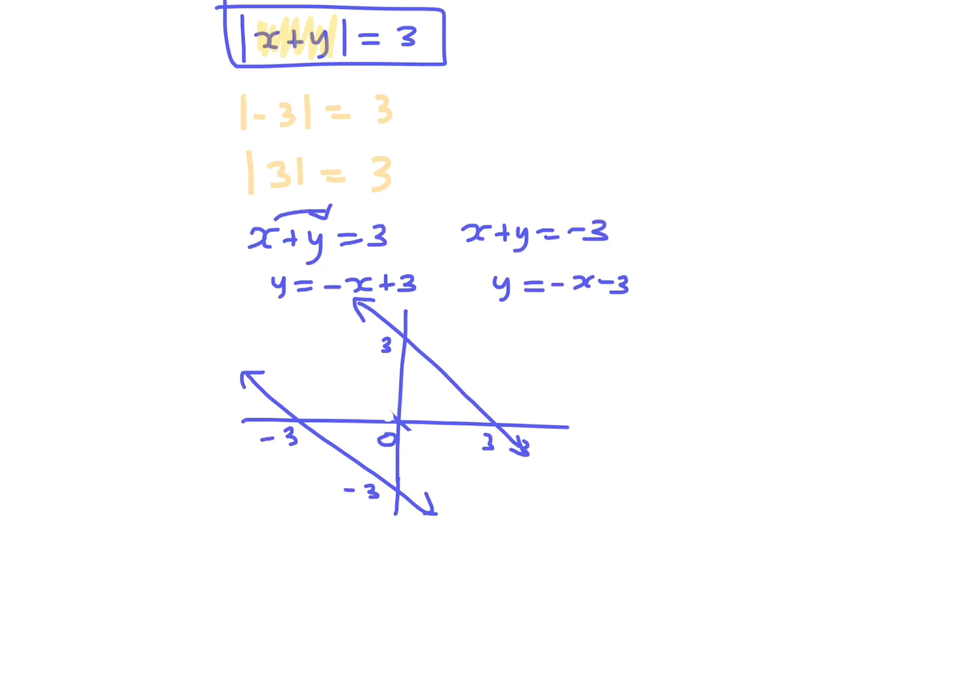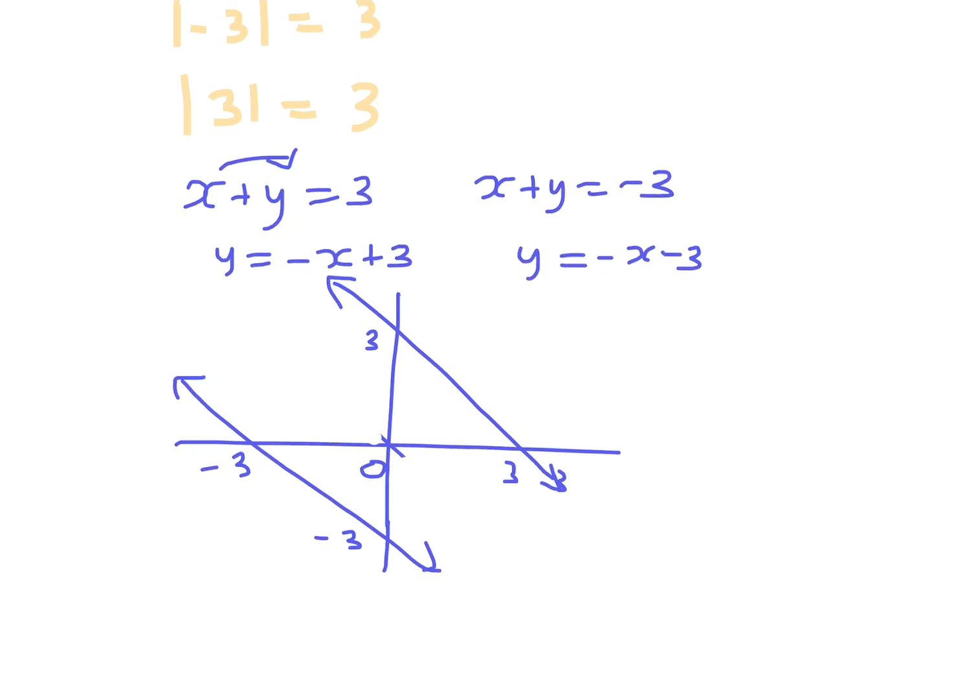Now, with this one here, if you have a good look at it, there is no restriction on the x or the y, because it's x plus y equals 3, and both of them are inside the absolute value, so there's nothing there actually restricting it whatsoever. So that's what your curve will look like.